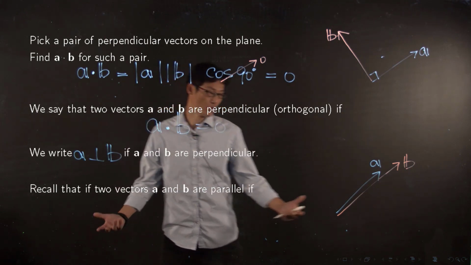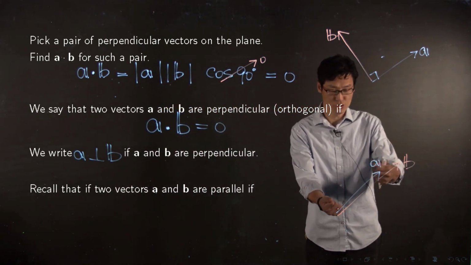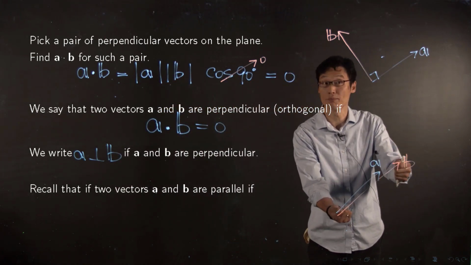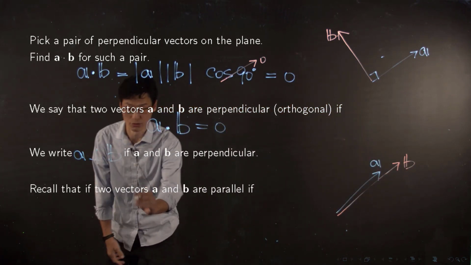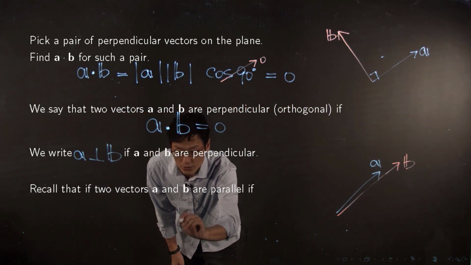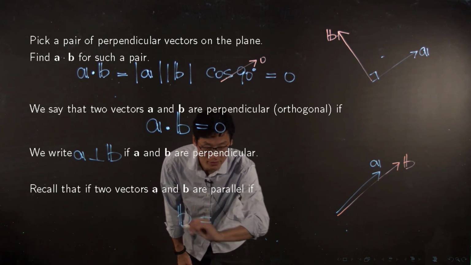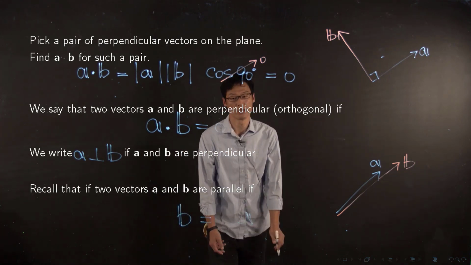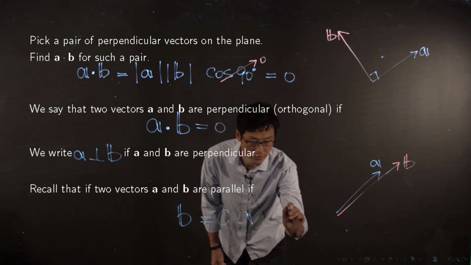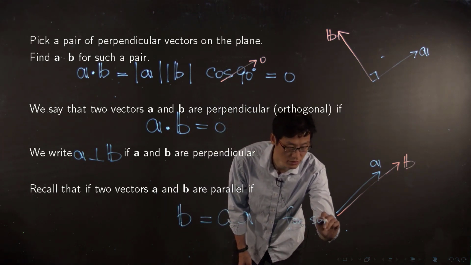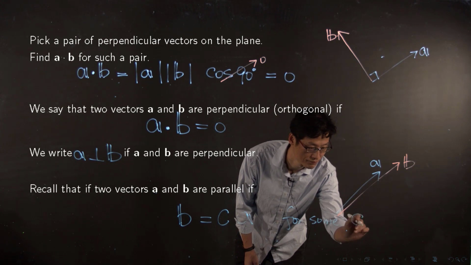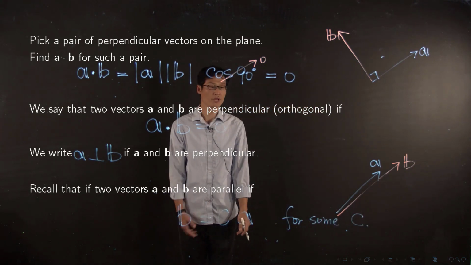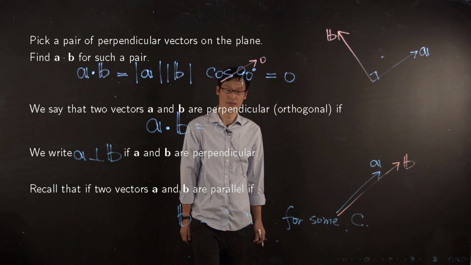For example, if you take A and stretch a little bit, then you will get the same vector, of course. So B is a scalar multiple of vector A, and here c is the scalar. Then you can say two vectors are parallel.